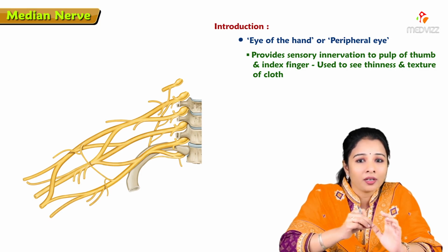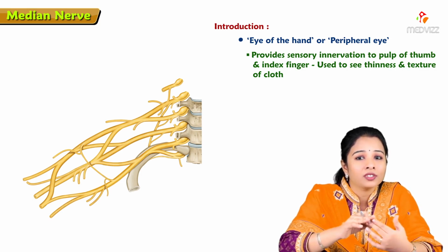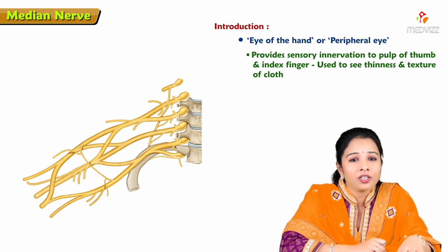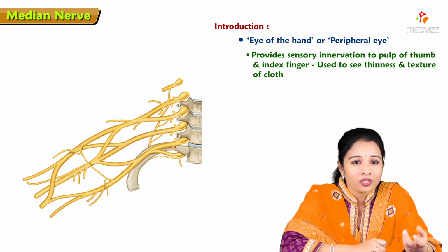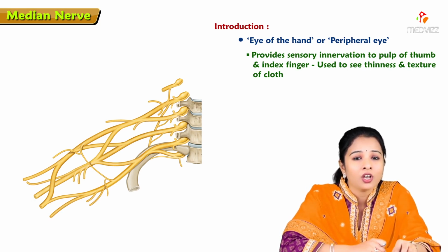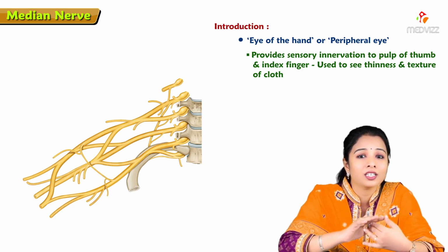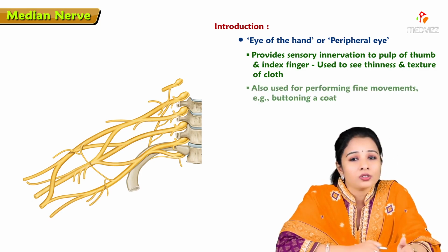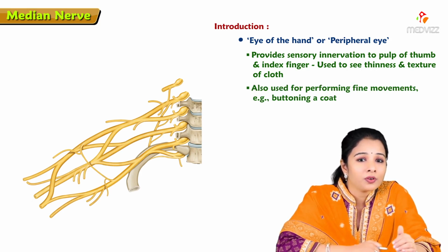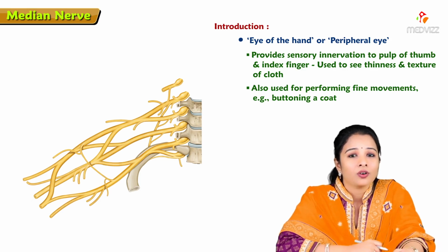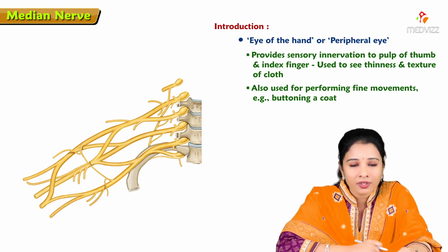So pulp of the thumb and the index fingers, which are used to see the signs and textures, you can feel certain things by closing your eyes, the texture of a cloth or how an object is, all these you can feel because of the tips of your fingers, which are supplied by the median nerve, and also used for performing fine movements like buttoning a coat. So all these are the functions of the median nerve.